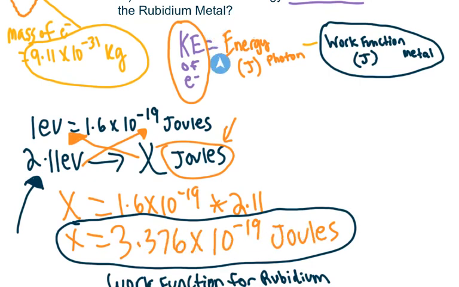If the energy of the photon is greater than our work function, then we know we're going to have a photoelectron, because the electron in the core of the metal will be freed to the surface of that metal. Okay, so let's go ahead and calculate the energy of the photon then.